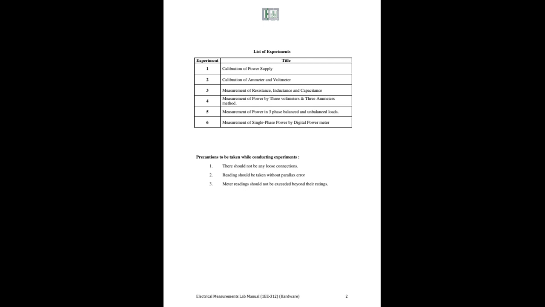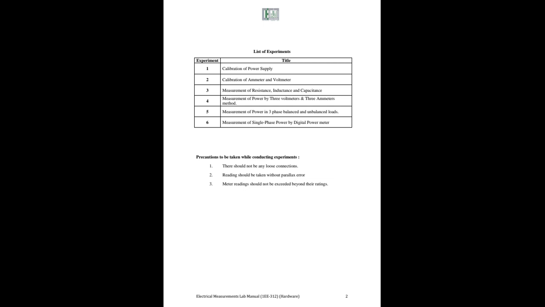There will be 20 or 10 multiple choice questions, or some fill in the blanks, or multiple answer questions. You have to answer those questions, and those questions will be from the manual. So you have to read the manual properly so that you can answer the questions. The final exam will also be like that only.